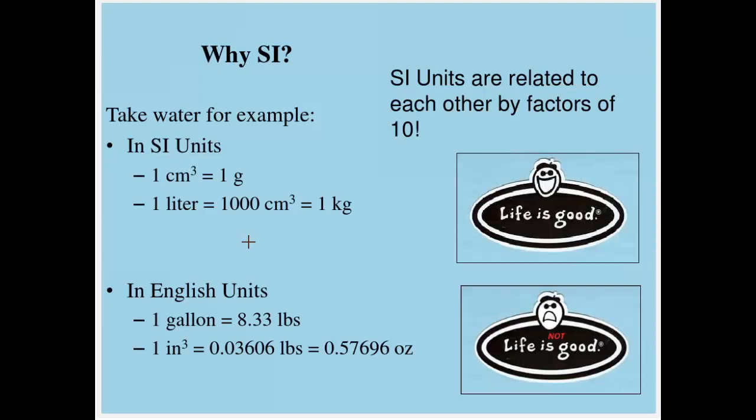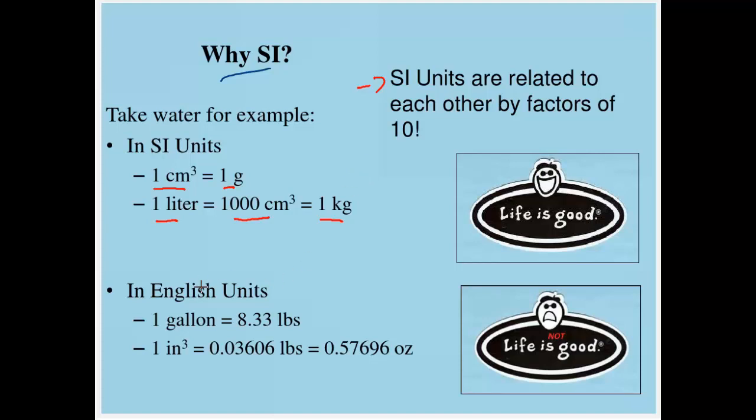We can see, why use the SI system? Well, it really does make our life easier. Let's take water as an example. A cubic centimeter of water is also going to be a gram of water, and a liter, a measurement of volume, is going to be 1,000 cubic centimeters, which is going to be 1 kilogram of water in terms of mass. So SI units are actually related to each other by factors of 10.